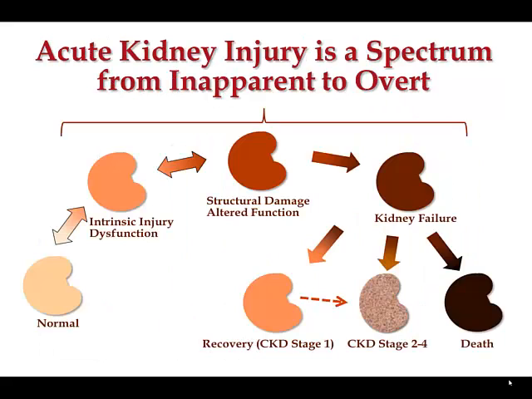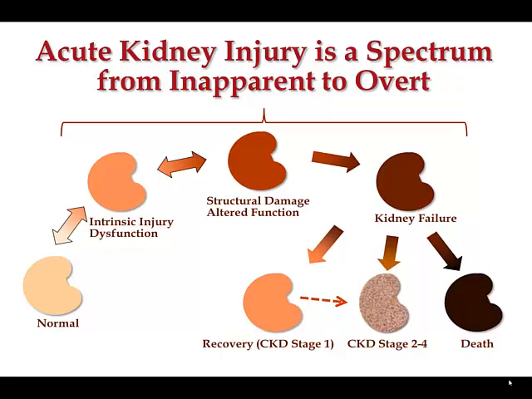This sort of illustrates the schema of damage to the kidney, both acute injury and chronic injury. If we start with a normal kidney, the kidney can be acutely injured to a variety of extents, degrees and severities, from a little bit of dysfunction to major structural alteration, then all the way to kidney failure.